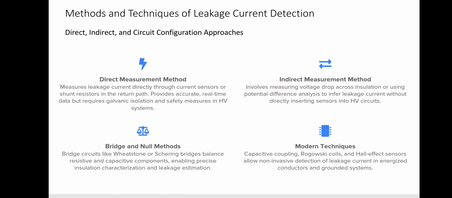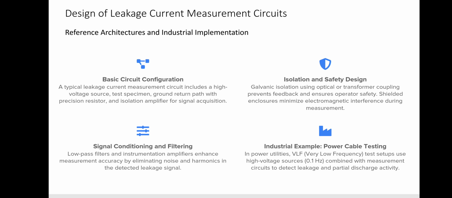Methods and techniques of leakage current detection: direct, indirect, and circuit configuration approaches. Direct measurement method, indirect measurement method, bridge and null methods, modern techniques.